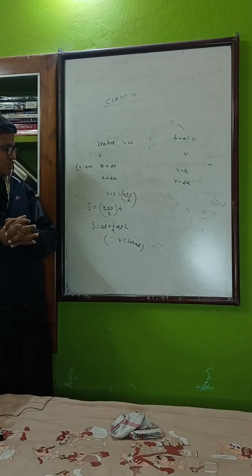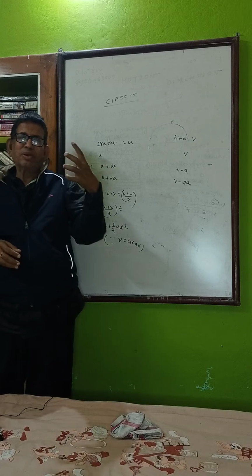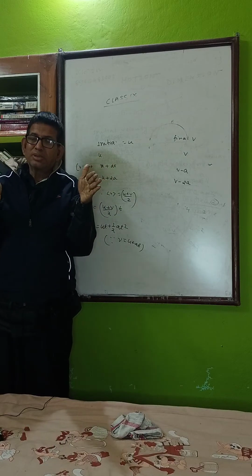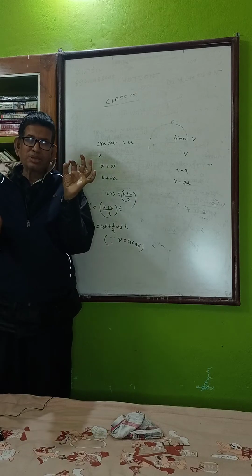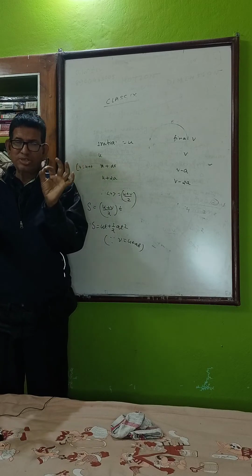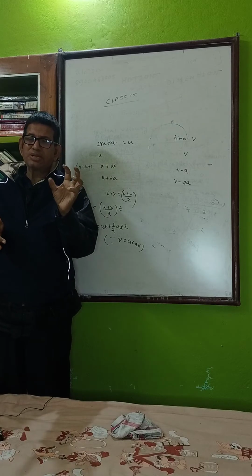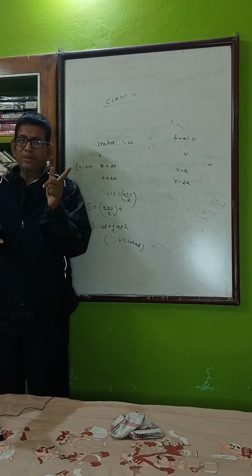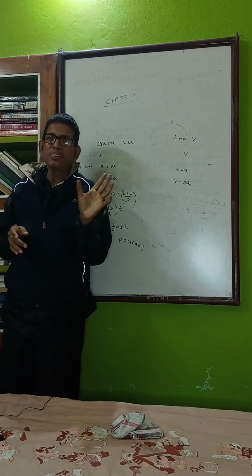Now the question is that, after that I am going to define what is rest and what is motion. If a particle does not change its position with respect to time, then the particle is at rest. And if the particle changes its position with respect to time, then it is in motion. Clear?